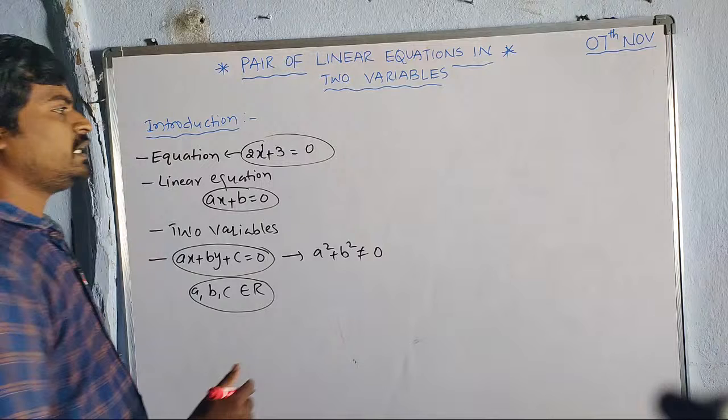Next, the second important point, friends. It depends on three ratios: A1 by A2 equals to B1 by B2 not equals to C1 by C2.